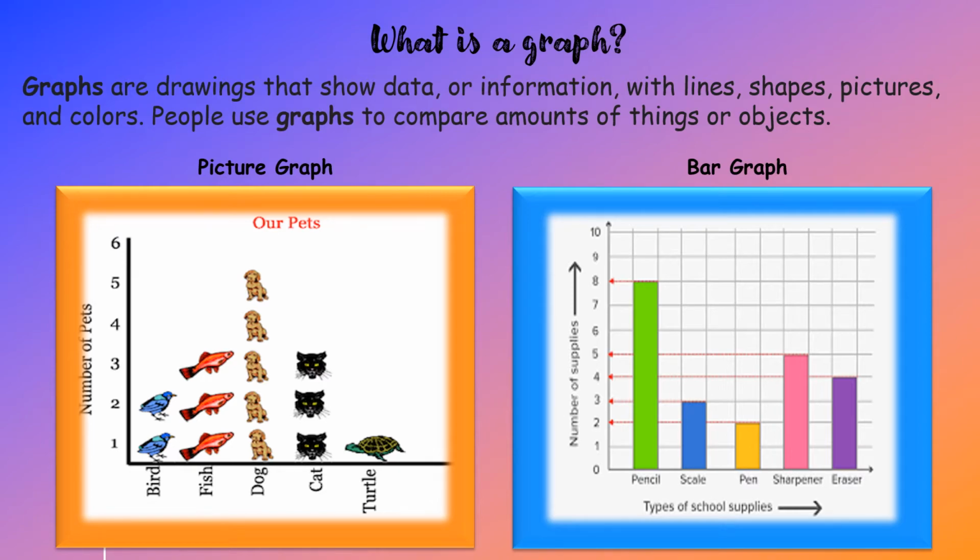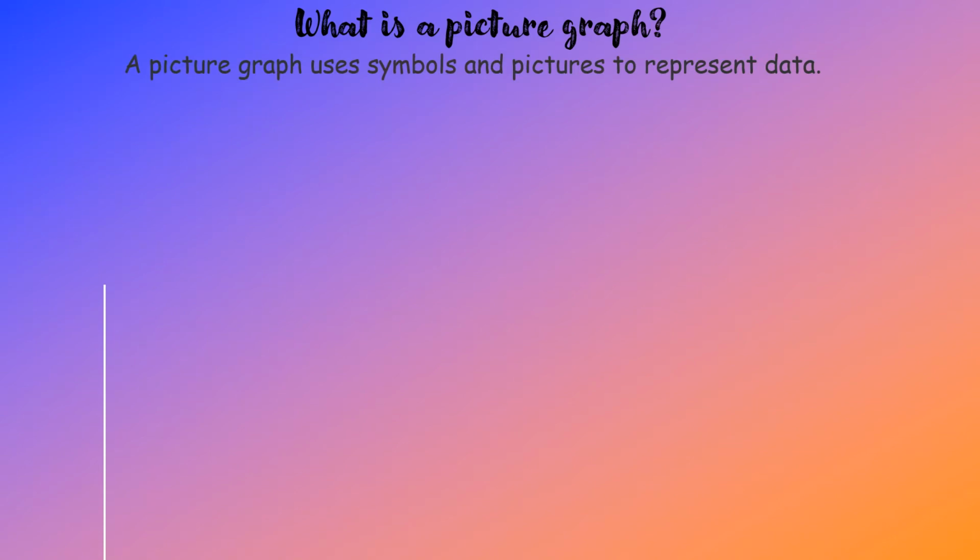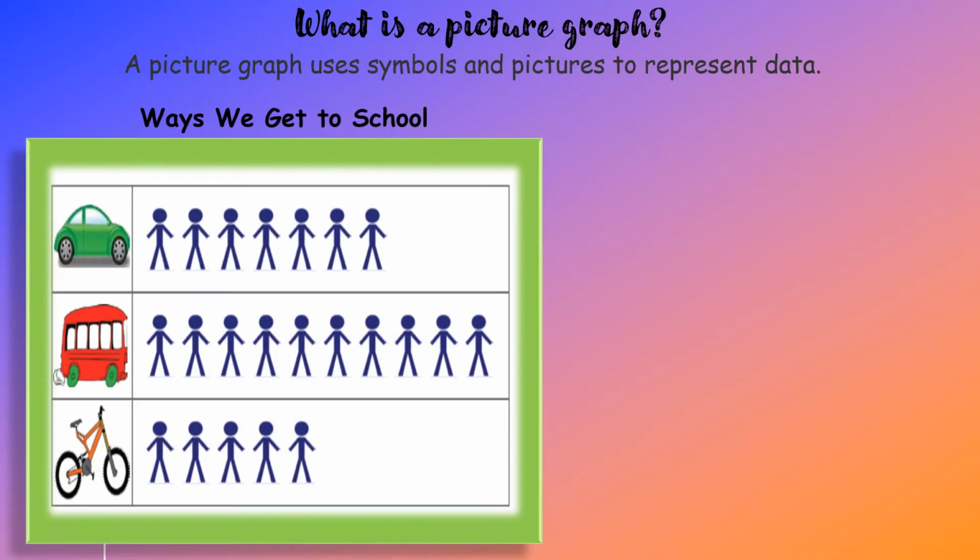What is a picture graph? A picture graph uses symbols and pictures to represent data. And remember, data is just another word for information. So we are going to take a look at a picture graph, and then we're going to answer some questions about the graph to help us to understand the information a little bit better.